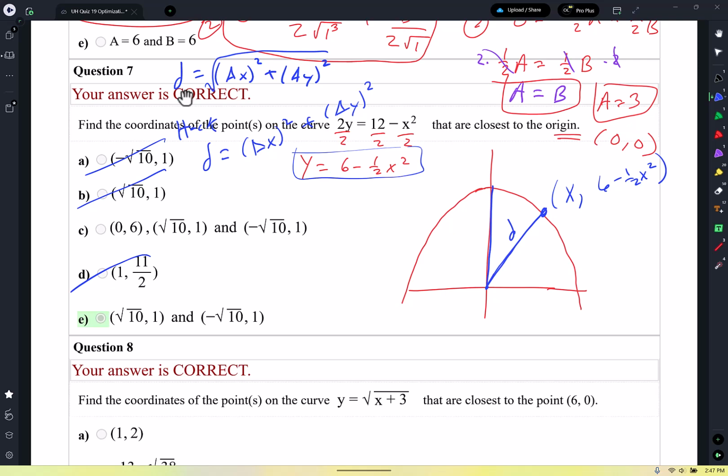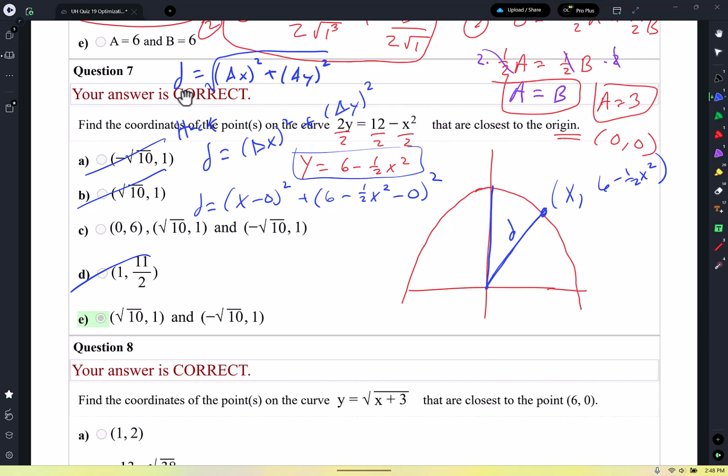All right, here we go. D equals the change in x, so x minus 0 squared, plus the change in y, 6 minus 1/2 x squared minus 0 squared. The 0 and the 0 is the origin. I guess you didn't need it, but that's fine.